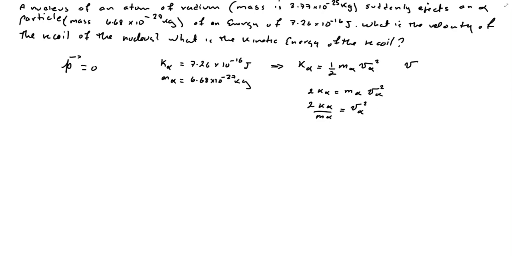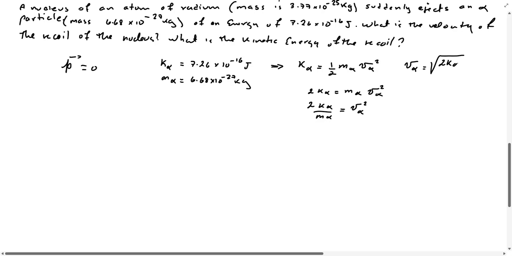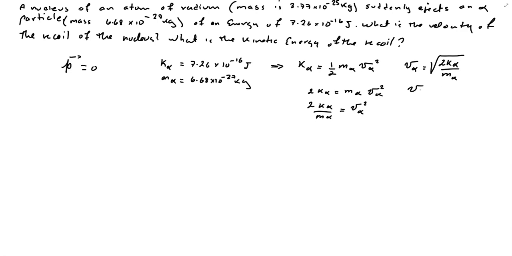So now we can say that the velocity of the alpha particle is equal to the square root of 2 times the kinetic energy of the alpha particle divided by the mass of this alpha particle. So the velocity will be the square root of 2 times 7.26 times 10 to the negative 16 joules divided by 6.68 times 10 to the negative 27 kilograms.